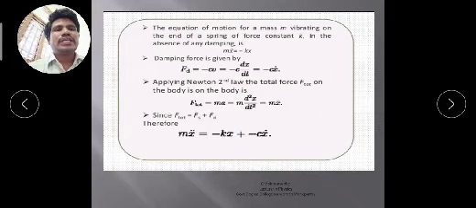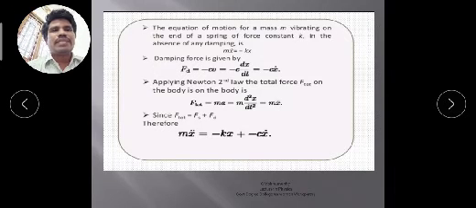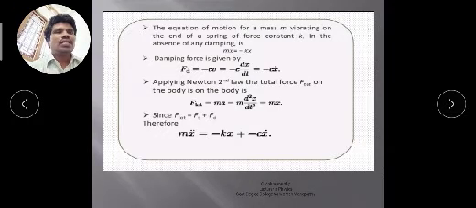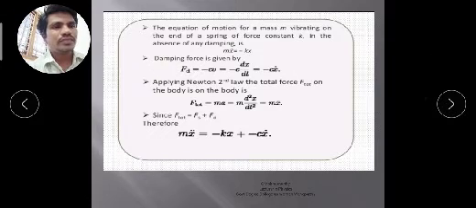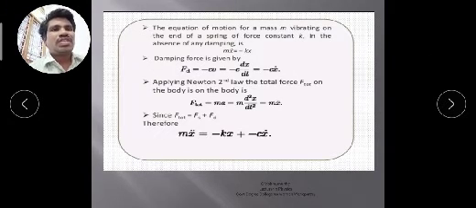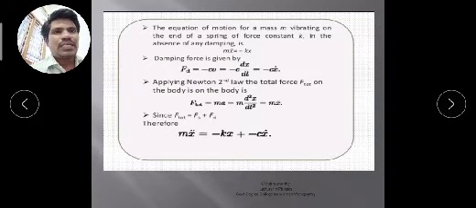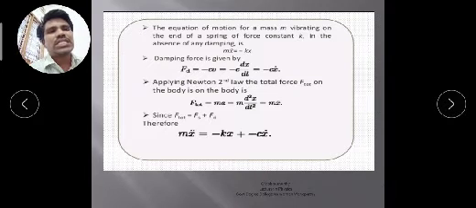Now here we get an equation. The equation of motion for a mass m vibrating on the end of a spring of force constant k in the absence of any damping is m x double dot is equal to minus kx. Here x double dot is equal to d square x by dt square.